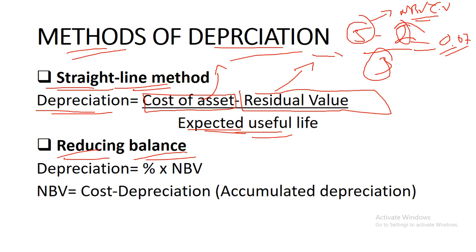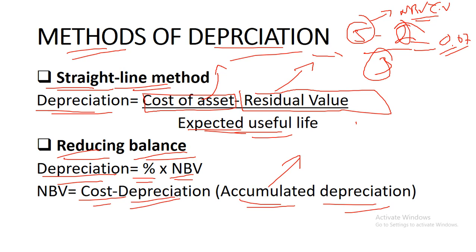Then the reducing balance method is a bit different. The depreciation is calculated by the percentage times the net book value, right? The net book value is the cost minus depreciation or the accumulated depreciation. The accumulated depreciation, for instance, we've got year 1, year 2, and then year 3.